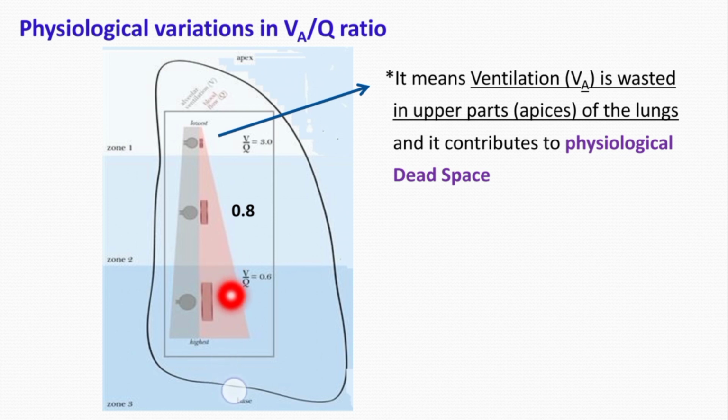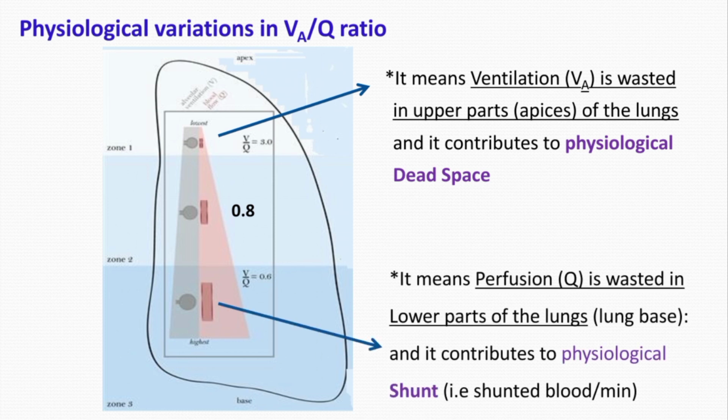So what is the net effect? The ventilation perfusion ratio becomes less than the middle part of the lung, and it may be 0.6 or near to that. So this practically means that in the lower part or bases of the lungs, the perfusion or Q is wasted, and it will contribute to the physiological shunt, that is shunted blood per minute.